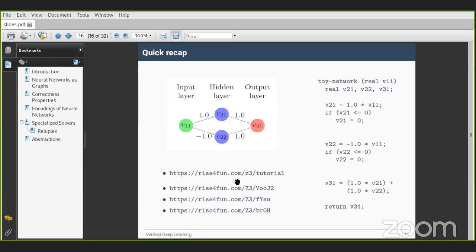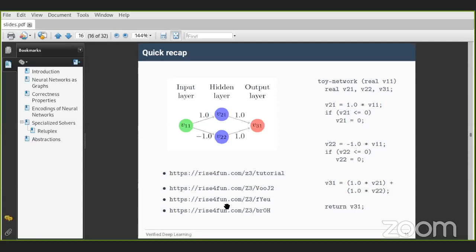But in the meantime, the Z3 code for this particular program on the right is not very difficult. You define three real variables, and Z3 simply encodes the mathematical constraints. Even if you don't know Z3, if you take a look at these examples, you'd know that this exactly encodes the program. Here is the link to the Z3 tutorial. Hopefully things will be clear. If anything is not clear, you can certainly send an email to me or any of us.